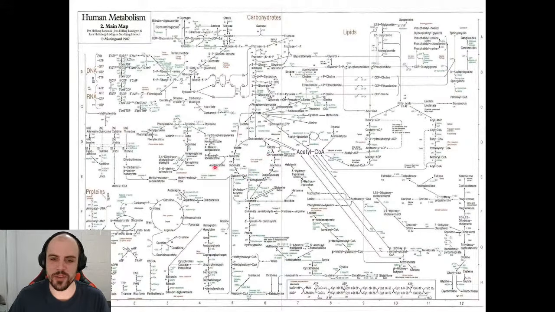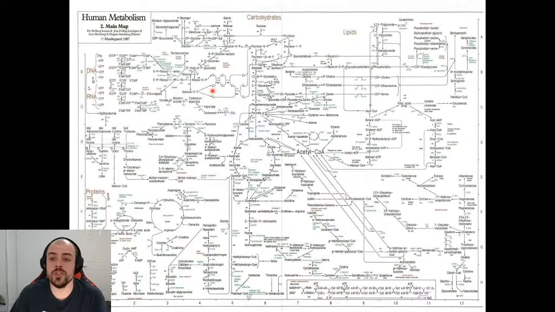We can see we've got the citric acid cycle here, we've got glycolysis, we've got the breakdown and synthesis of various amino acids, blah, blah, blah. Do I expect you guys to know all of this? Absolutely not. And why am I showing you this? 1, to show you that human metabolism can be pretty scary, okay? There's a lot of stuff going on here.